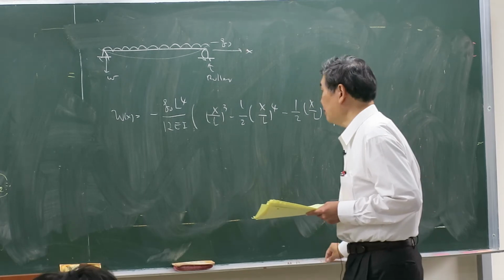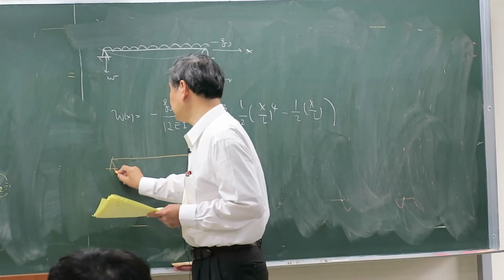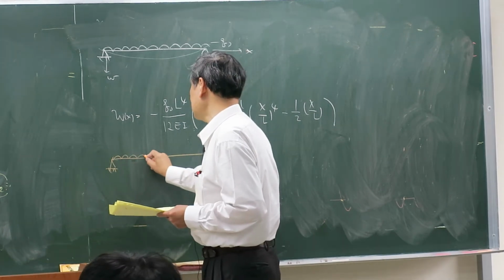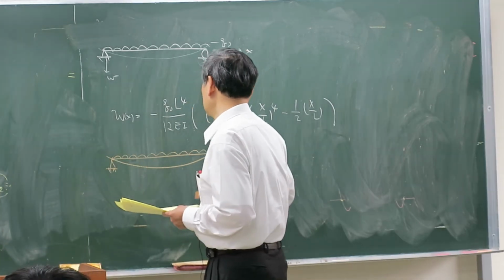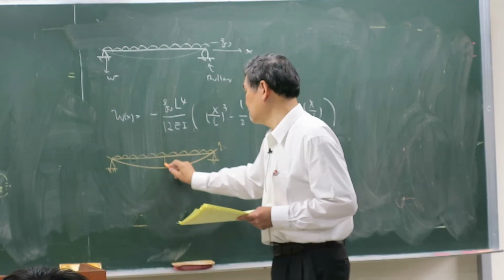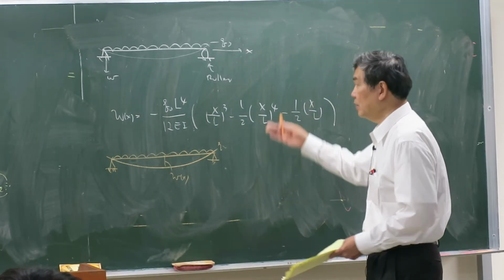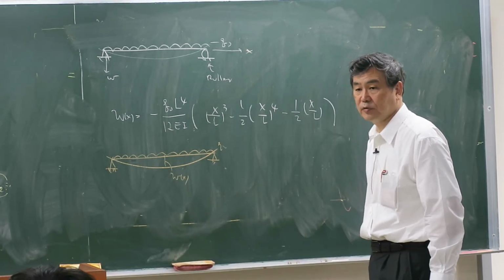And compare with the solution of both side hinge, under the same Q0, you have your deflection, right? We compare the solutions. So which one do you think the deflection will be more?